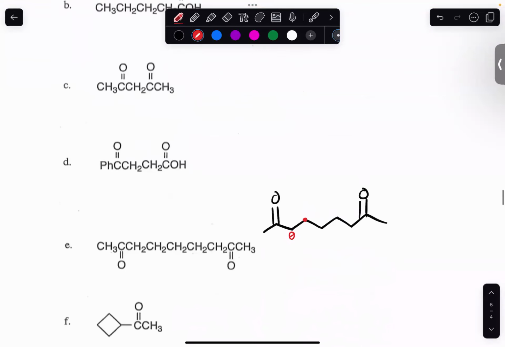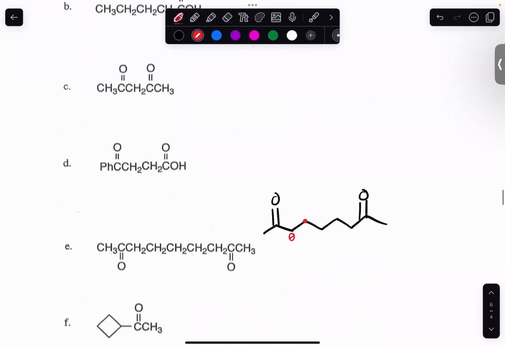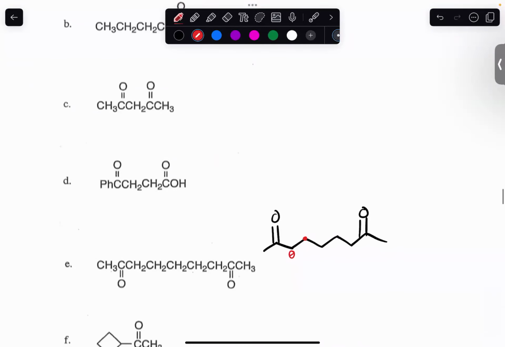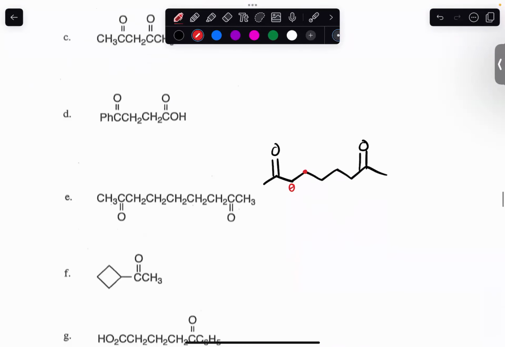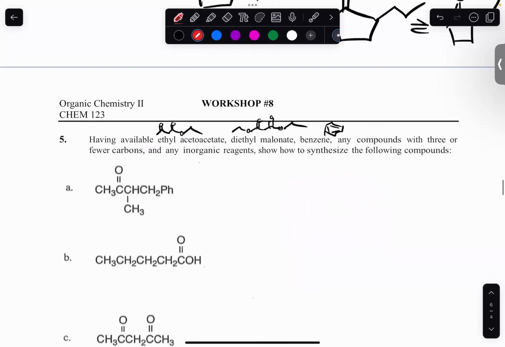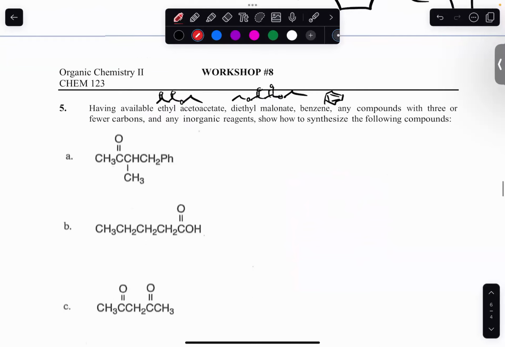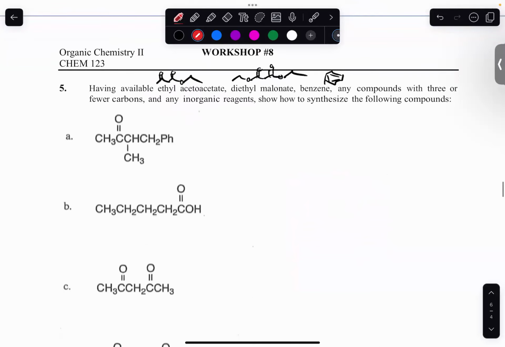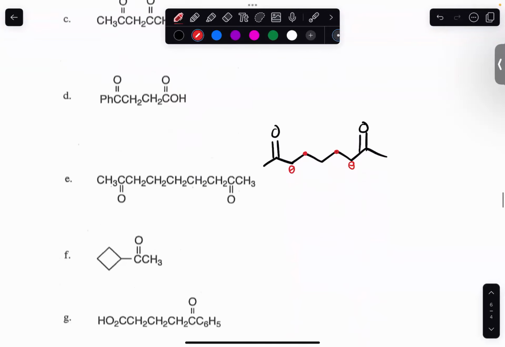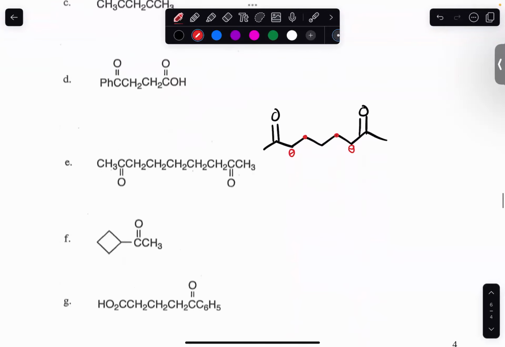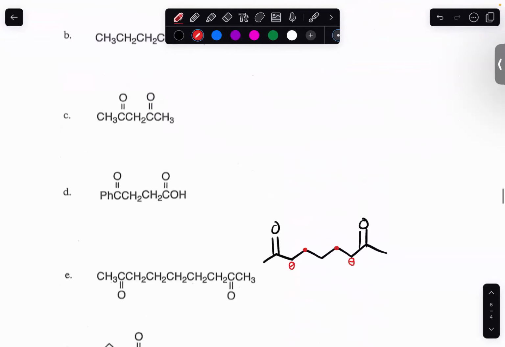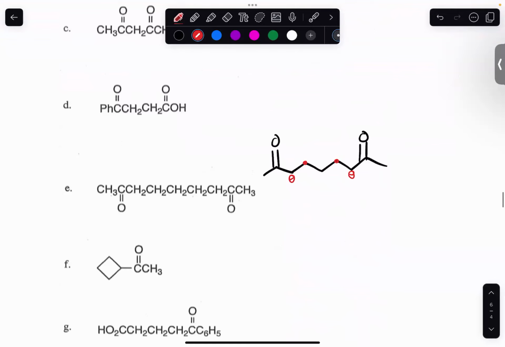Let's see. Okay. Nothing available except ethyl acetate with 3 or fewer carbons and any inorganic reagents. Show how to synthesize the following. Okay. This is interesting.